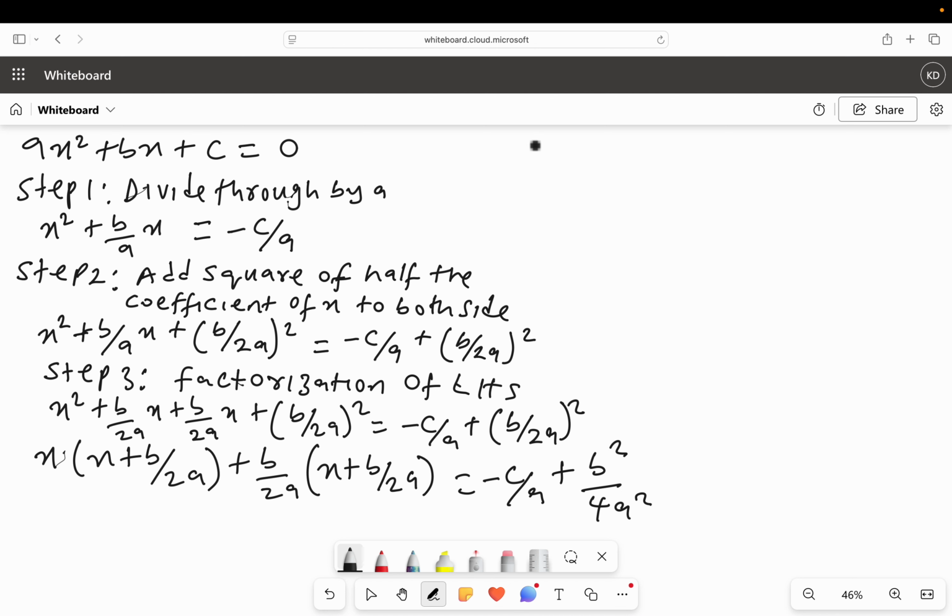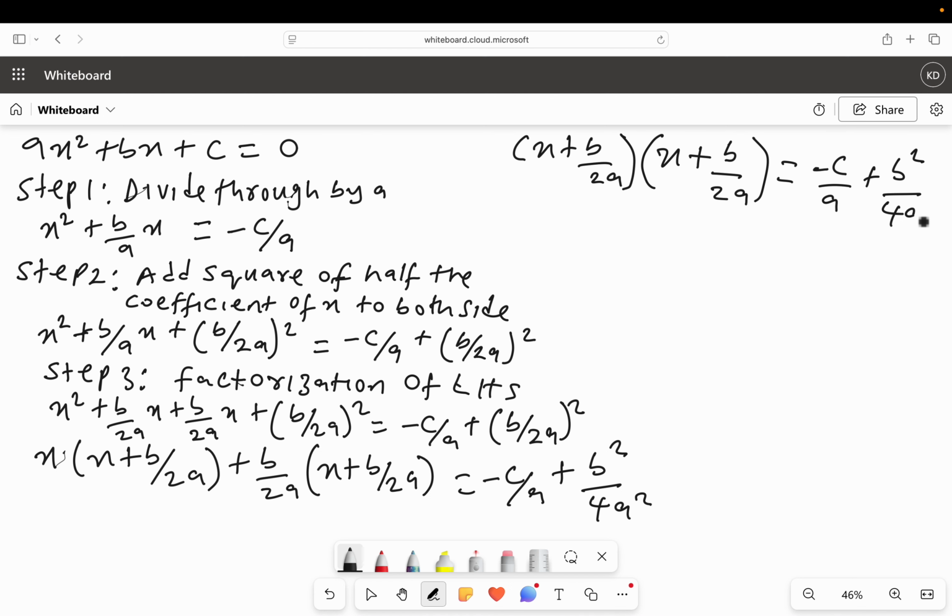So I will just have x plus b over 2a, which is the common term, and then the first term here is just x, and the other term for x plus b over 2a is just b over 2a. So I will have plus b over 2a, and then I will have minus c over a plus b squared over 4a squared.